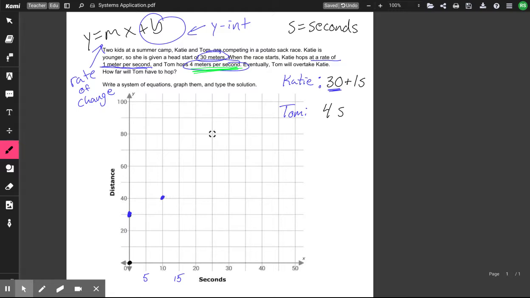So it's not just up 1 and over 1 by the boxes. I have to change the pattern that we're taking because it needs to match the units. If the x-axis for seconds is going by 5s and the y-axis is going by 10s, then up 1 and over 1 is really going up 10 and over 5, which is 2 over 1.